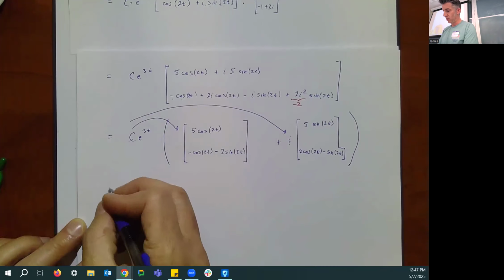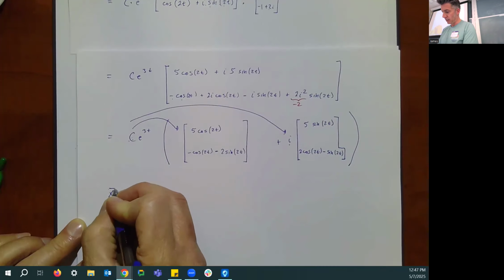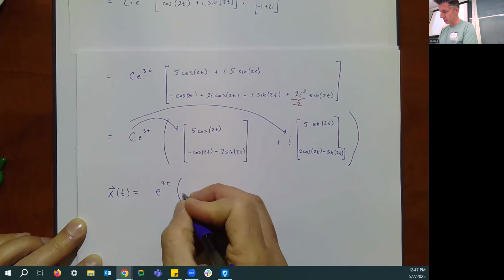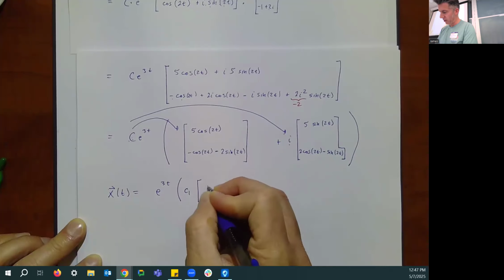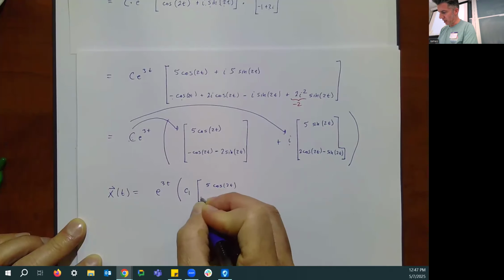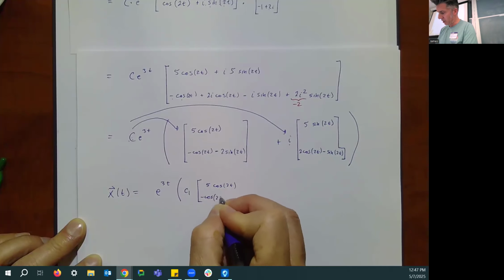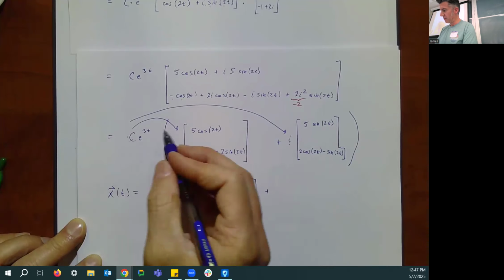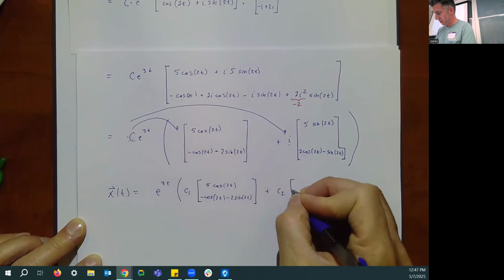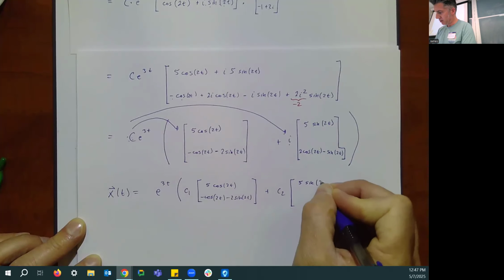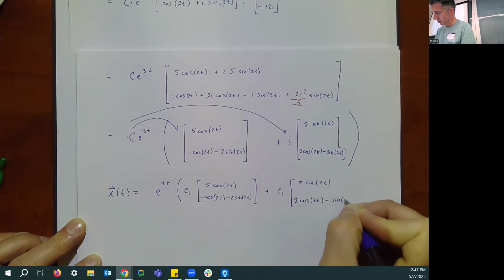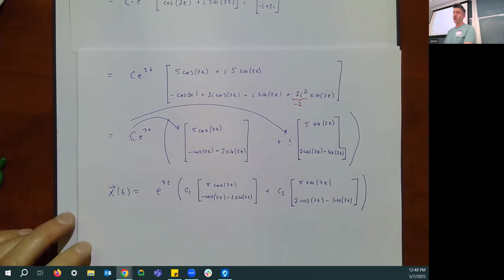So we can say that our solution is going to look like x of t equal to e to the 3t times c1 times this first vector, negative cosine of 2t minus 2 sine of 2t, plus c times i is some other constant, c2, same deal, 5 sine of 2t, 2 cosine of 2t minus sine of 2t. And yes, it feels like a lot. And it is kind of a lot.